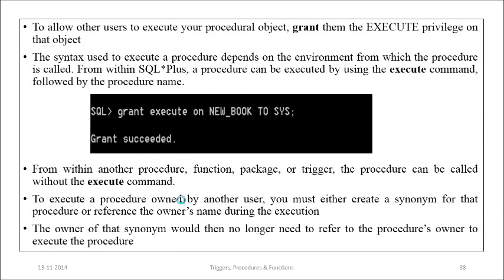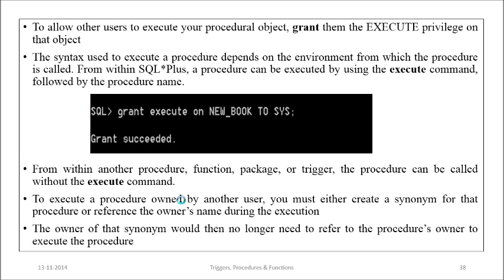And now, to allow other users to execute our procedure object, we have to grant them the execute privilege. The syntax for executing a procedure depends on the environment from which the procedure is being called. If it is called from SQL Plus, then it can be executed using the simple execute command followed by the procedure name.